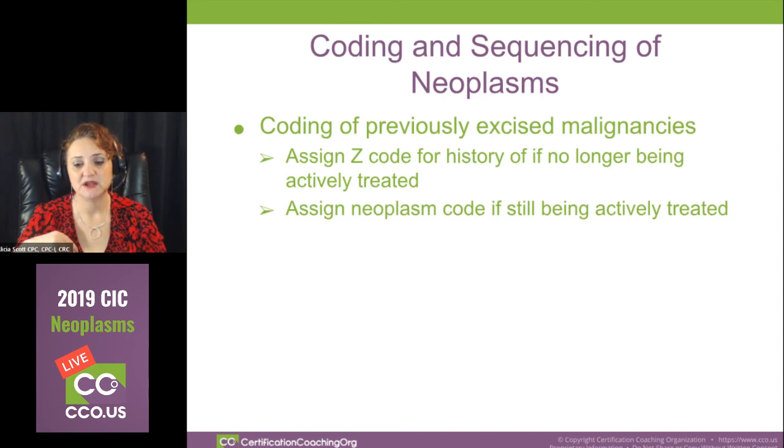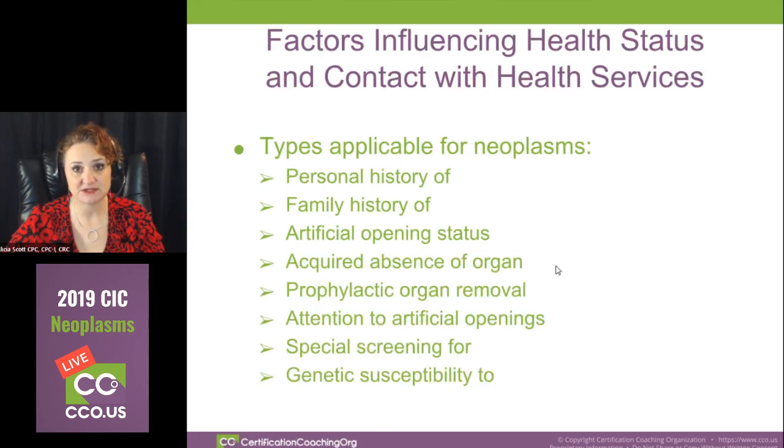But tamoxifen is primarily used to prevent it from coming back. It's not really active treatment, but there are opinions back and forth. So that's kind of a gray area, but you're not going to be tested on that because it is a gray area. Neoplasms, you always still code everything that's active treatment, right? It's not a history if it's actively being treated.